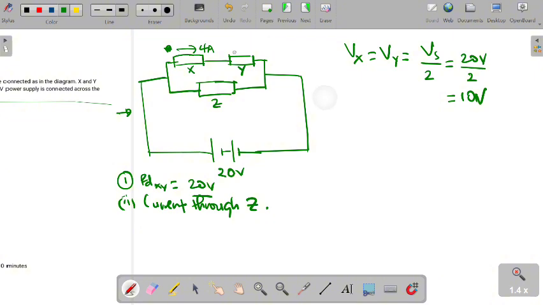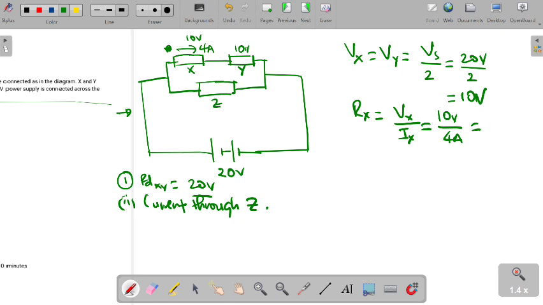If that is the case, here there's 10 volts and here there's 10 volts, this tells us that we can find the resistance of the resistors X and Y. We just have to find it for one. So Rx will be equal to voltage at X divided by current at X. That will translate to 10 volts divided by 4 amperes.